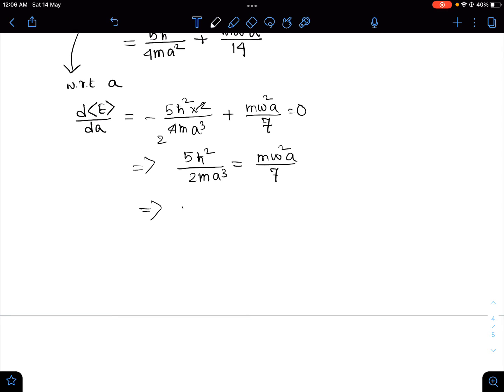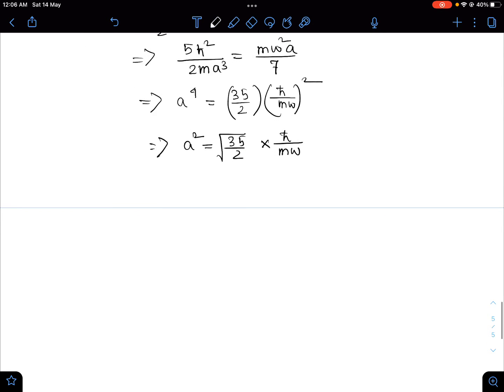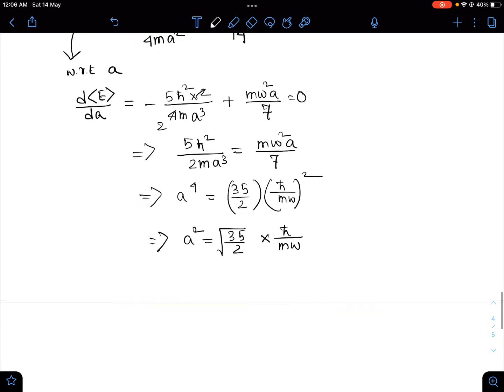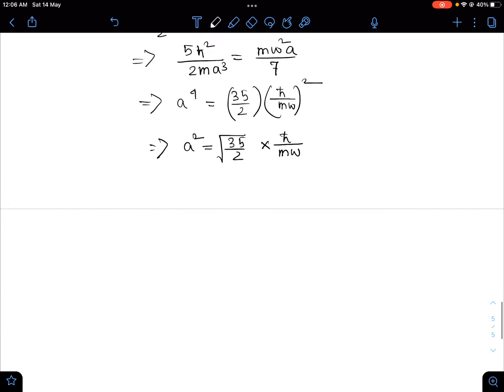So from here, a to the power 4 will be 35 by 2 into (ħ by m ω) whole squared. So we have our a² to be root under 35 by 2 multiplied with ħ by m ω. So what will be the value of energy? If we put the value of this a² here, we will get the value of our energy.